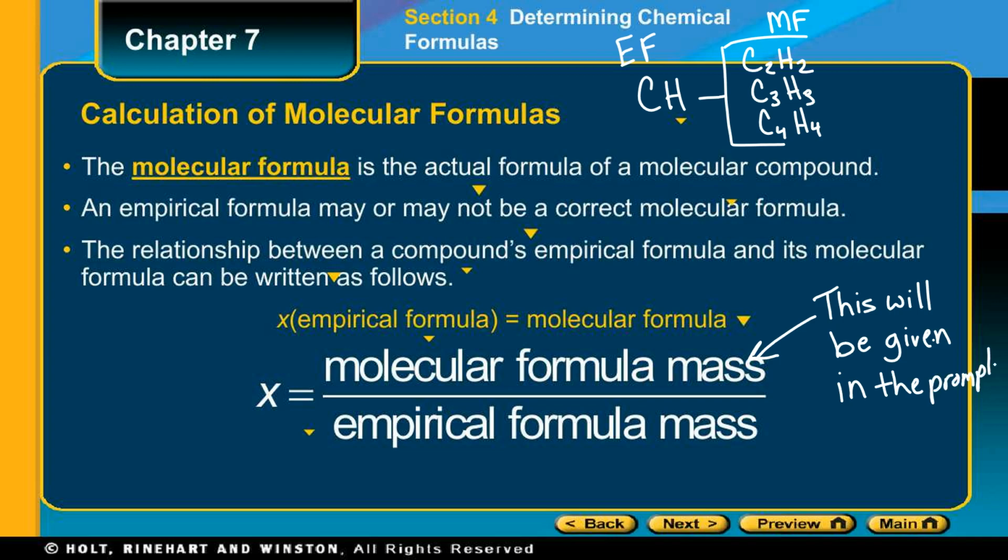The molecular formula mass will be one of the numbers that's given in the prompt, so you won't have to know that. It's going to be part of the problem that it gives you.